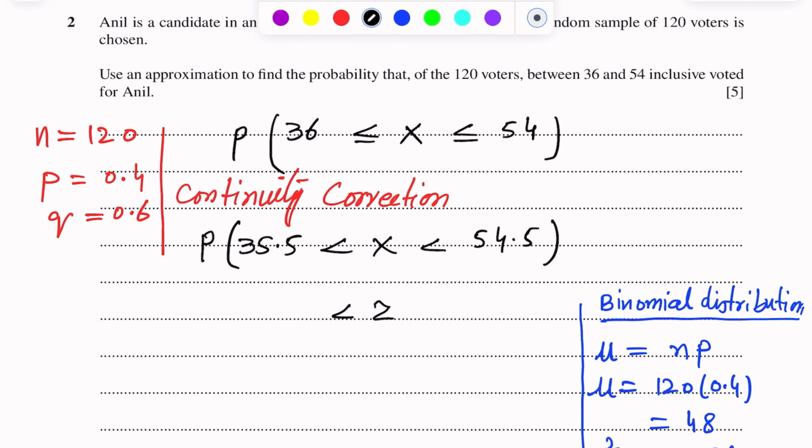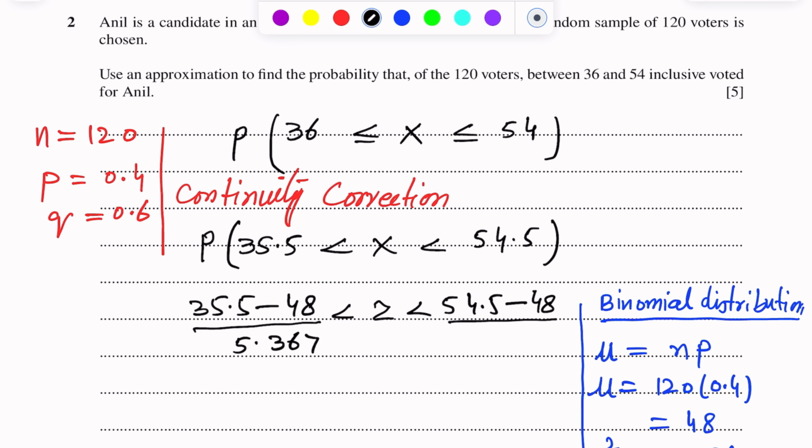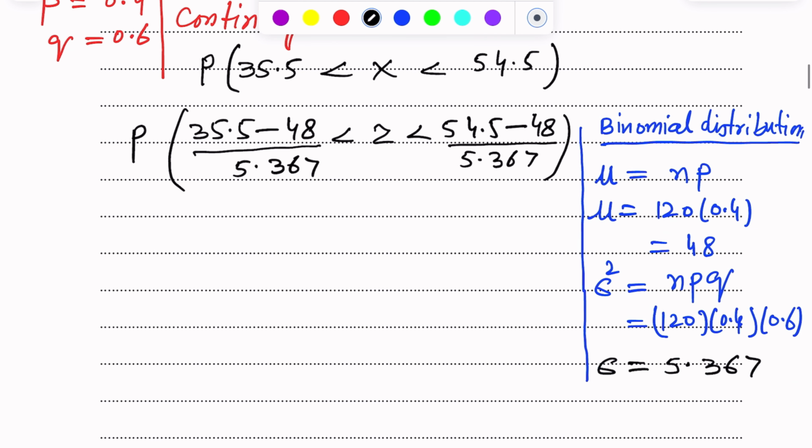Now we will use these values of mu and sigma here. Z is x minus mu over sigma: 35.5 minus mu, which is 48, over sigma, which is 5.367, and 54.5 minus mu over sigma. Now we calculate these values.